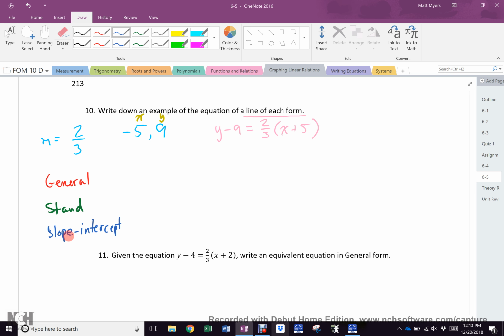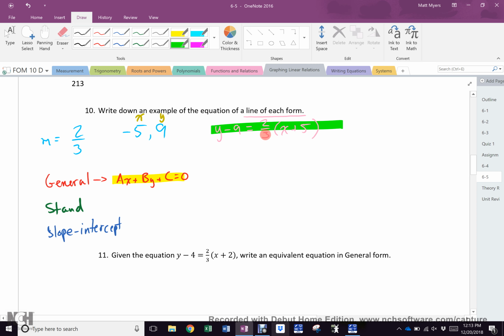Somebody wants to do general form? General form is what? Ax plus by plus c equals 0. How do I make that and that look the same? If they're going to look the same, I must eliminate the differences, yes? So what are some differences? Fraction. No fractions allowed here.